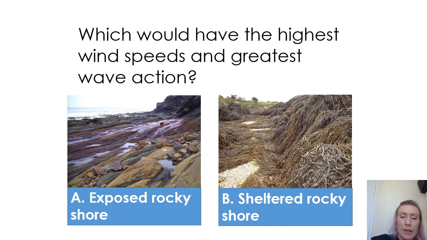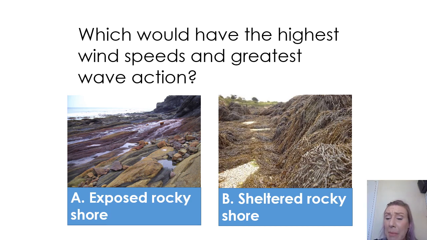So this rocky shore here, this exposed one, will be on a bit of land that goes out into the sea, somewhere like that. Exposed. Whereas this sheltered shore might be in a little crop like that. Okay, so which of them do you think would have the greatest wind action and the greatest wave action?